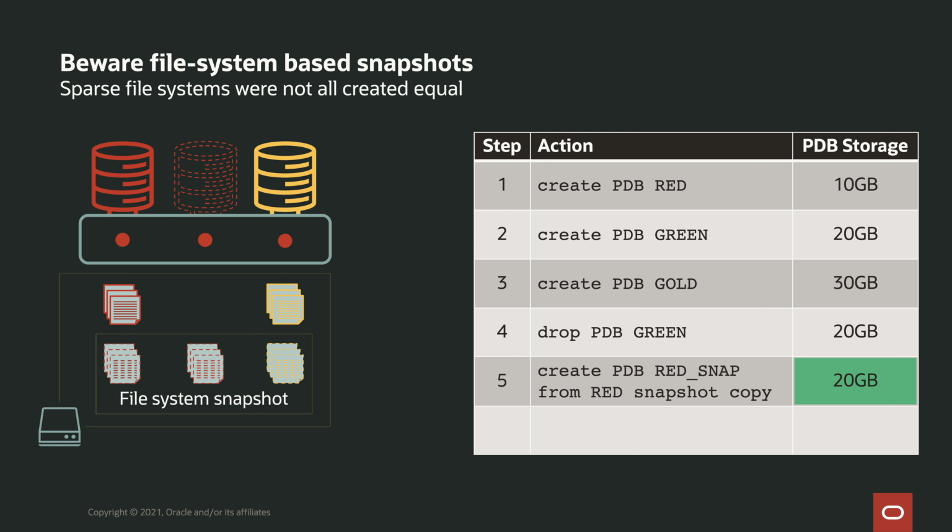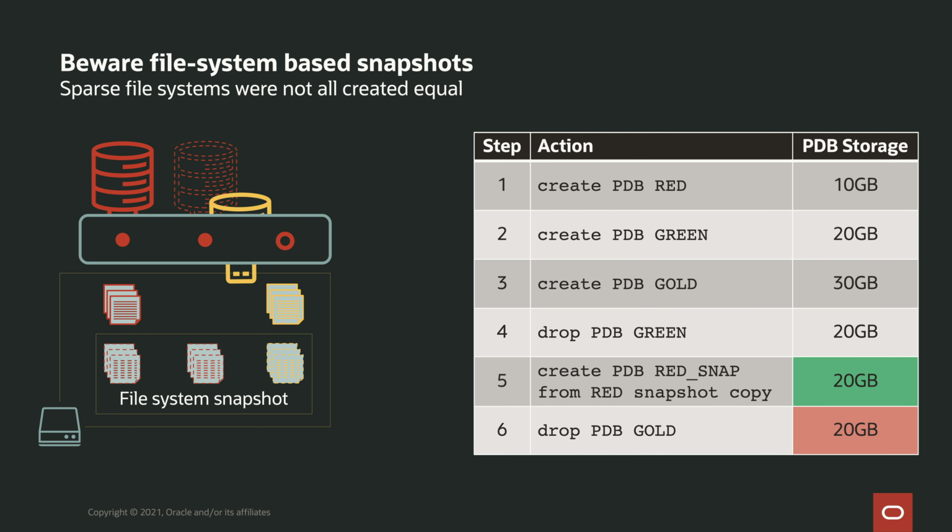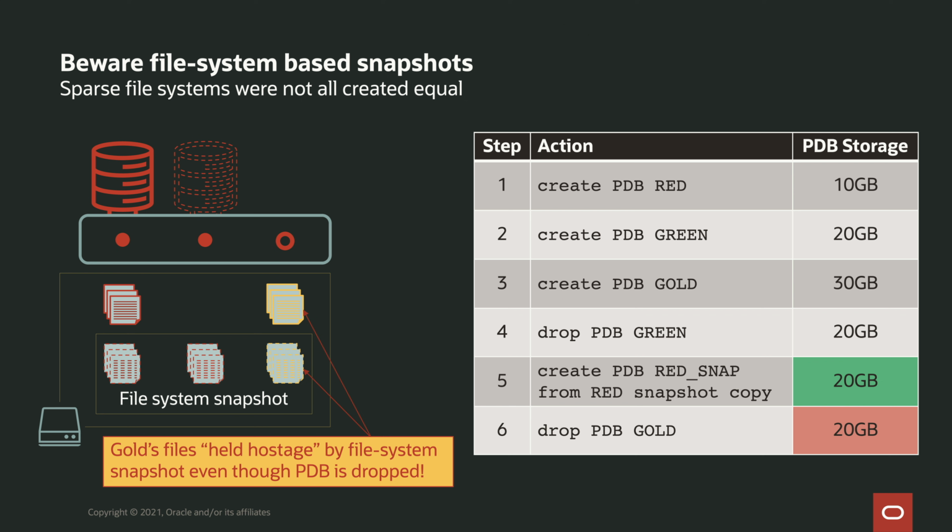So far, so good. But now we'll see how things can go wrong. Watch carefully. Now I'm going to drop PDB gold. But notice that the storage remains at 20 gigabytes. What's going on here? I've dropped PDB gold, and I expect that its storage, 10 gigabytes, would be released as a result.